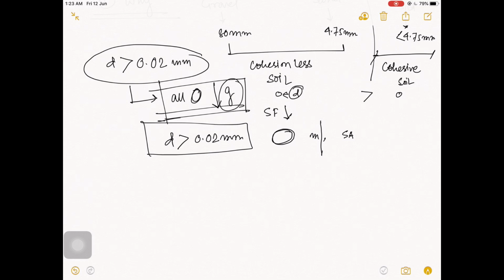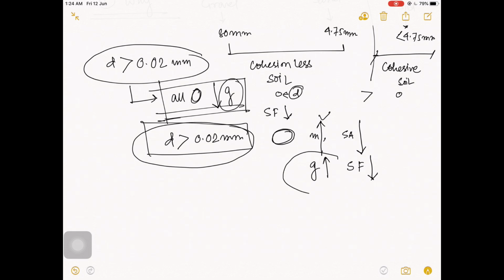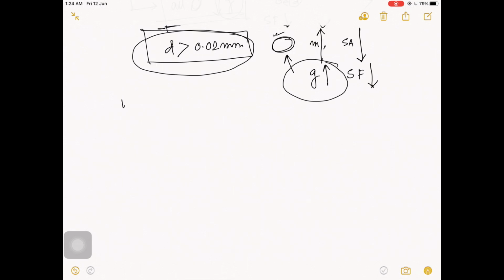Mass is comparatively high compared to surface area, so gravity force is comparatively high compared to surface force. That is why gravitational force dominates in this type of soil particle, which is generated by weathering action.